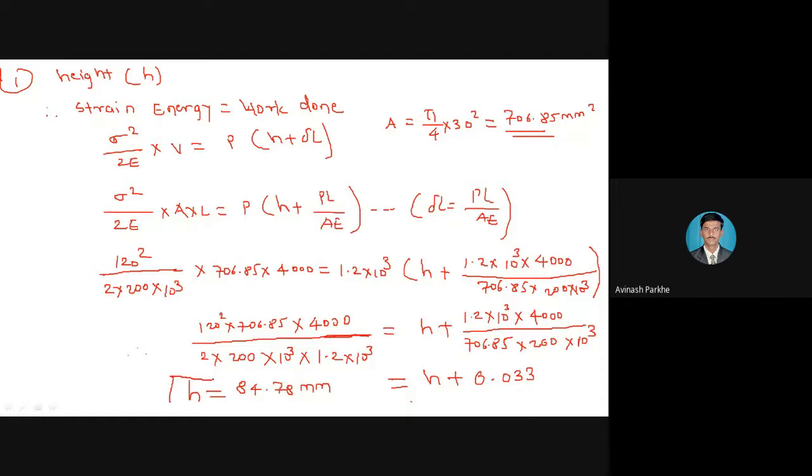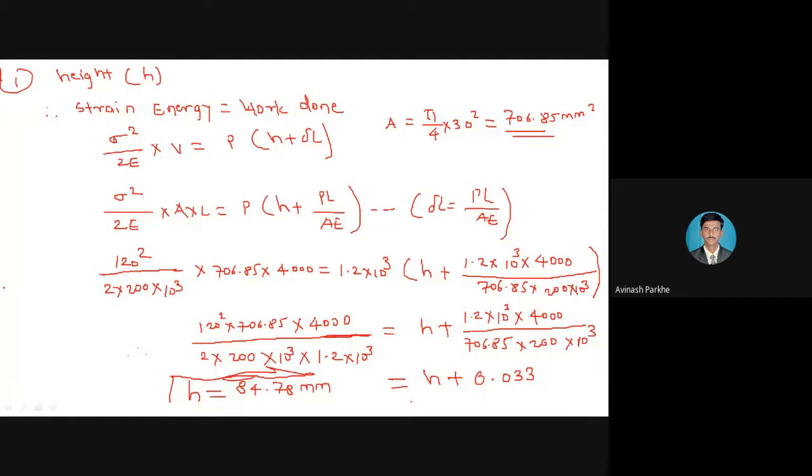It depends upon the number of digits you are considering. So please do the calculations properly. Here the calculation part is very, very important. Total strain energy is equal to work done.